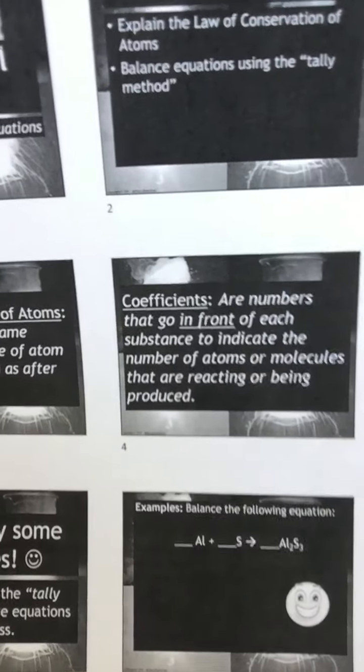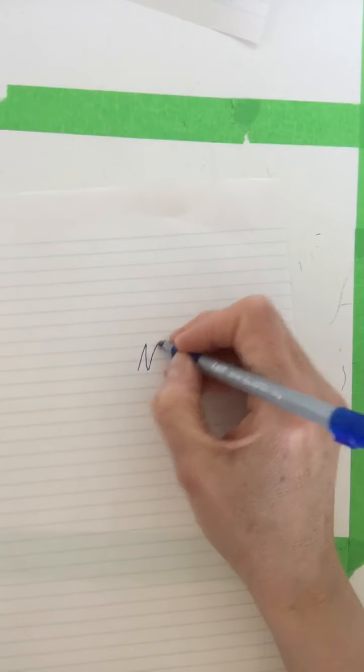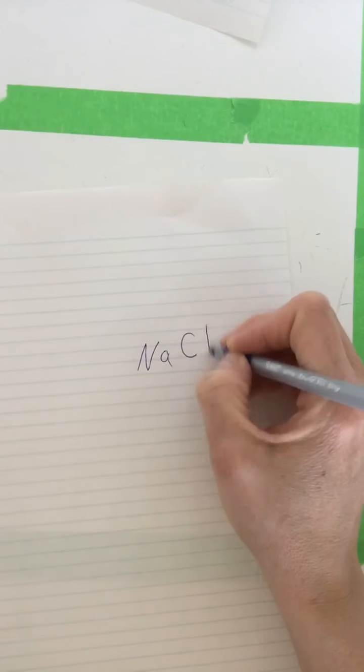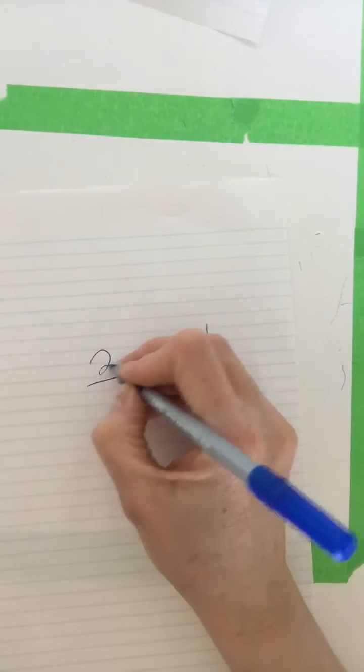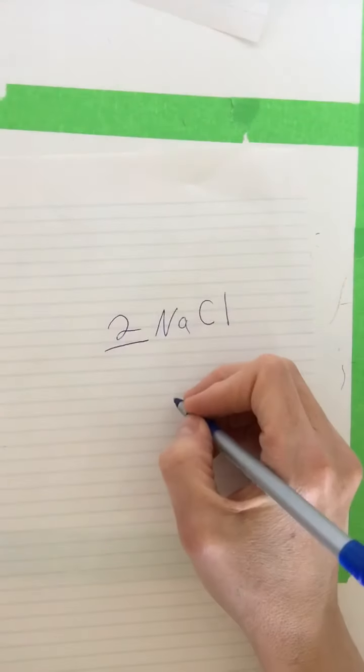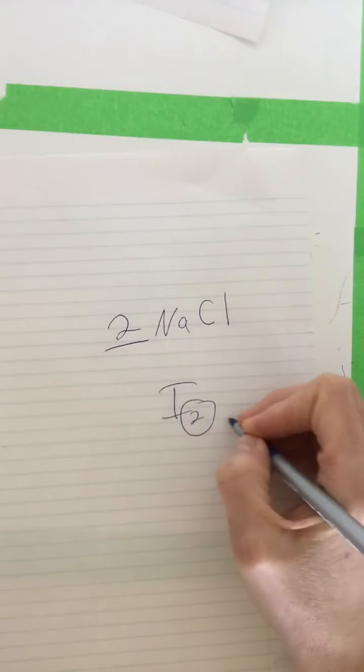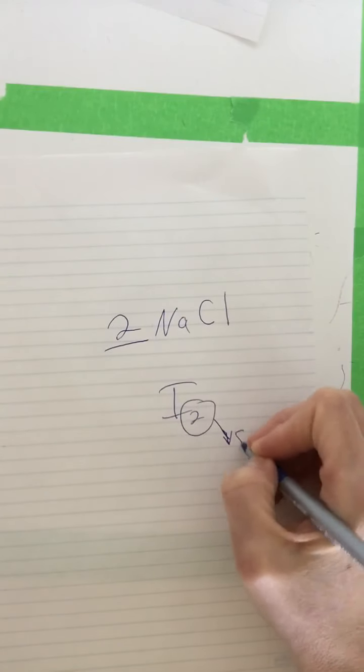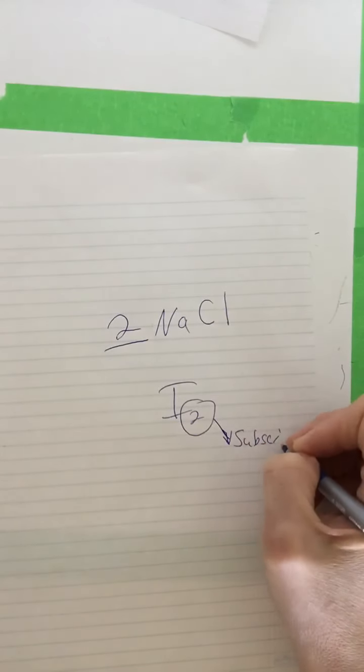Okay, coefficients are the numbers that go in front. So when I say NaCl, the coefficient would be the number out in front, this large number. When I say I2, this one, that's a subscript.